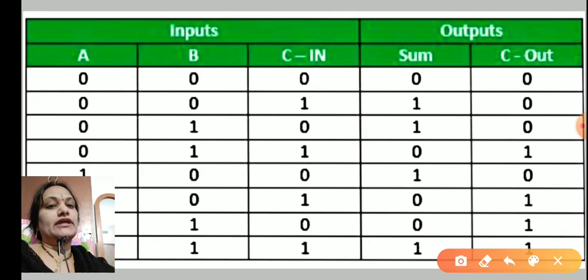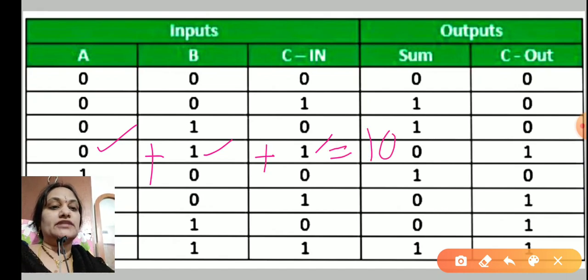Now come to the fourth condition, that is 0 plus 1 plus 1. While adding 0 plus 1, we are getting 1, and 1 plus 1 becomes 1 0. That means we are getting two bits, that is 1 and 0.